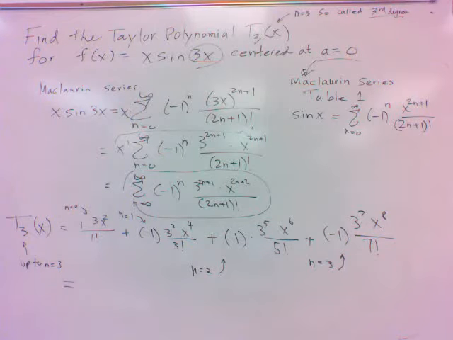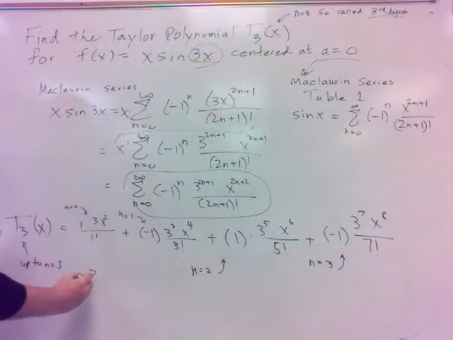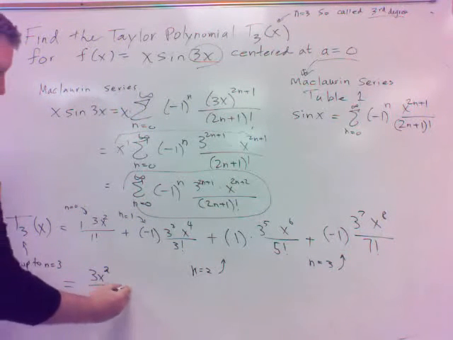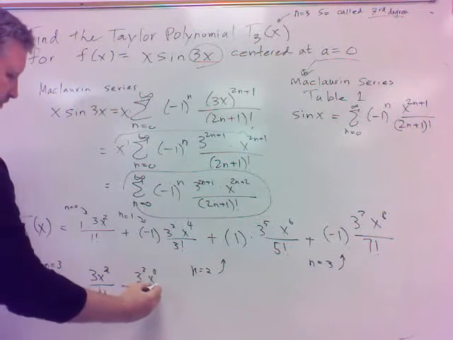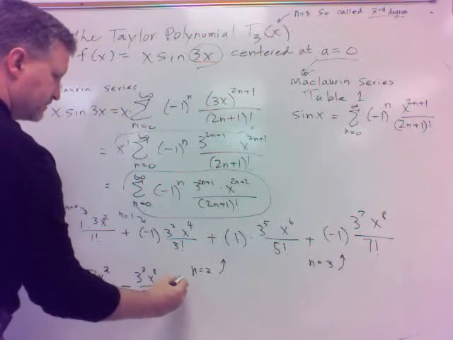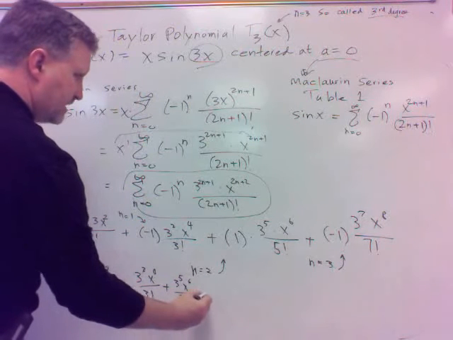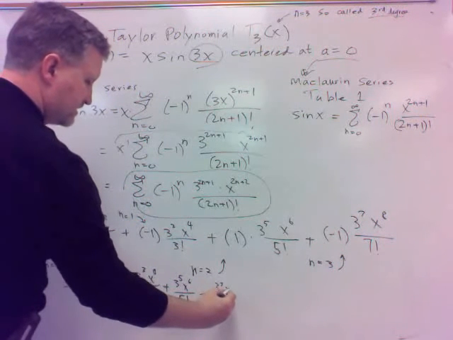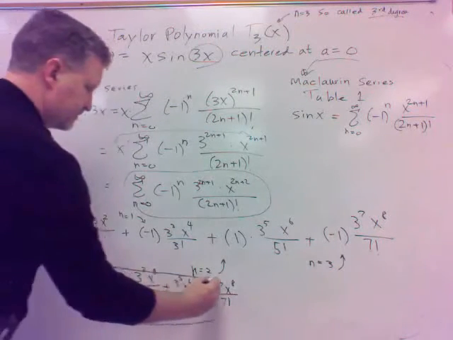They won't factorial those all out, but you can if you want to. 3x squared over 1 factorial minus 3 cubed x to the 4th over 3 factorial plus, so I'm leaving the powers as well, 3 to the 5th x to the 6th over 5 factorial minus 3 to the 7th x to the 8th over 7 factorial. That's the T3(x) polynomial.